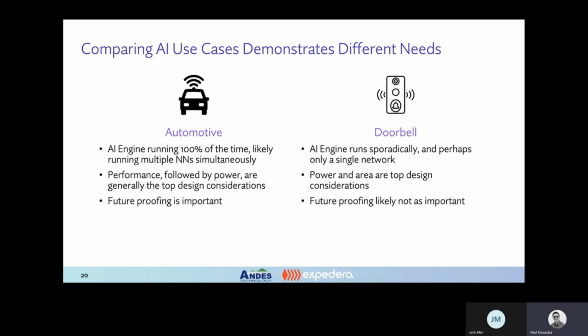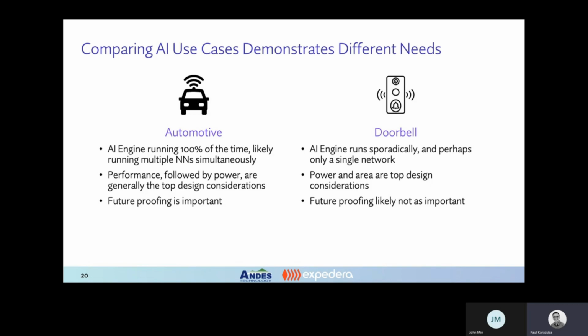In the automotive world, your AI engine is running 100% of the time. It's likely running multiple neural networks simultaneously. Because of the safety concerns, because of the legal concerns, because of just the needs of the automakers, performance is going to be your top design consideration.